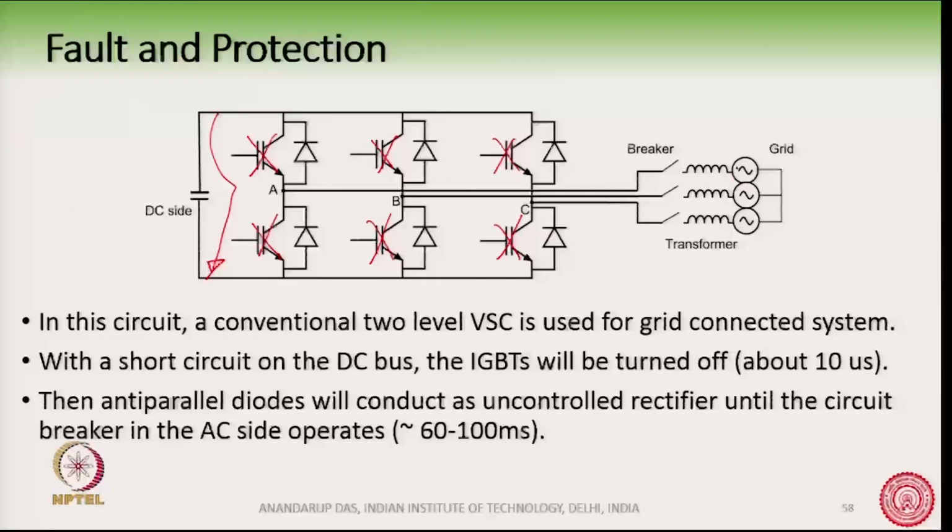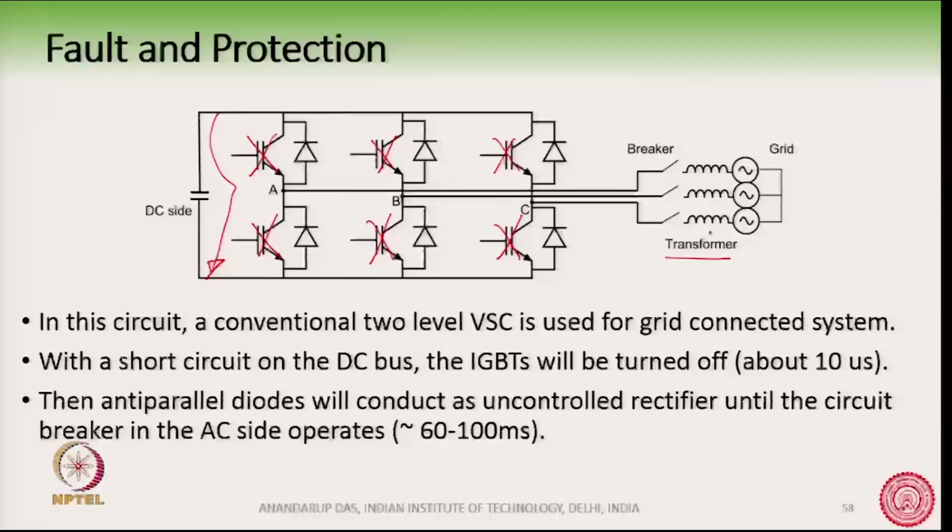Remember that usually this grid is connected to such a voltage source converter through a transformer here. Okay. So, typically it is through a transformer, and the transformer leakage inductance is the element which can control the rate of rise of current during such a fault condition.